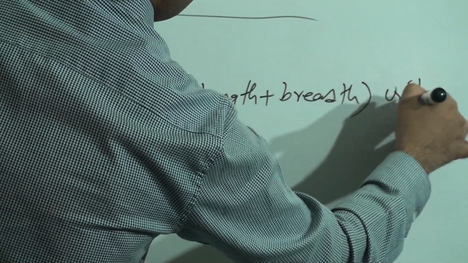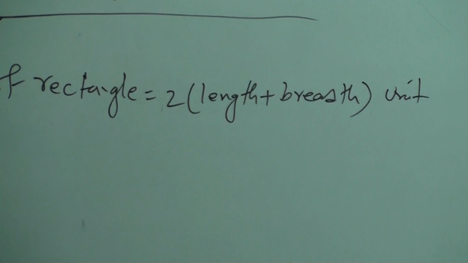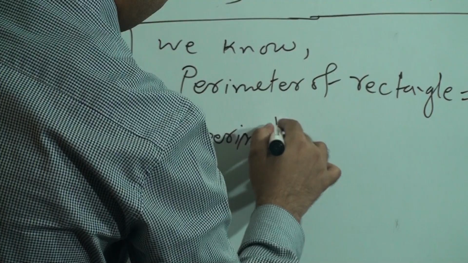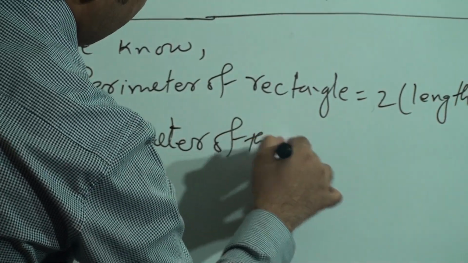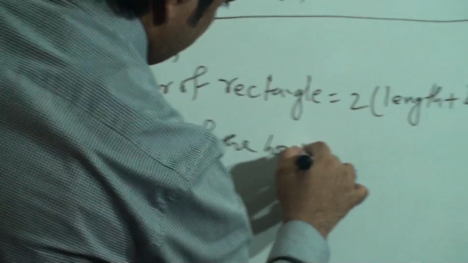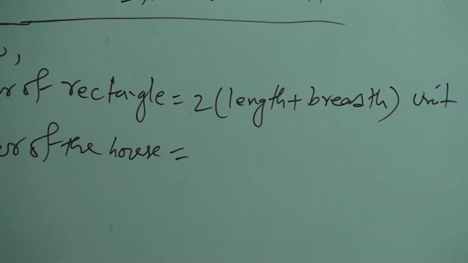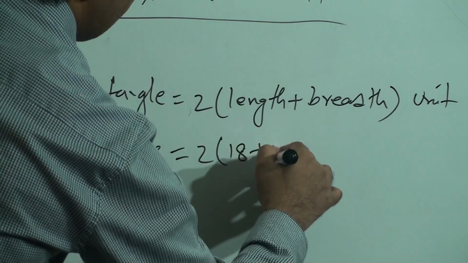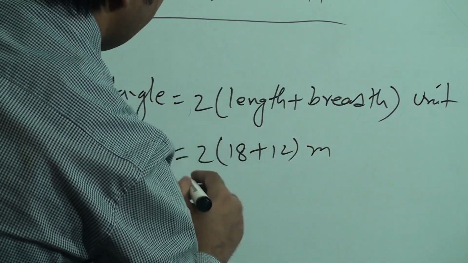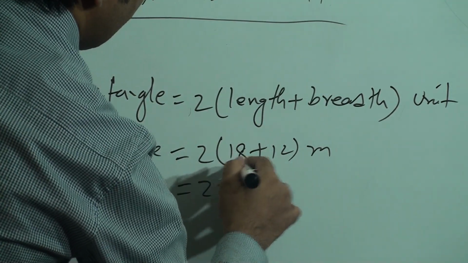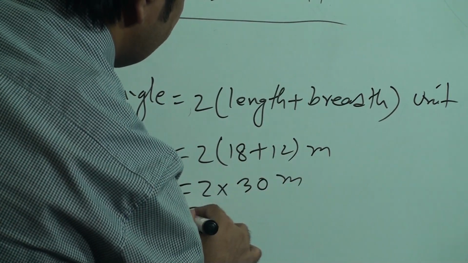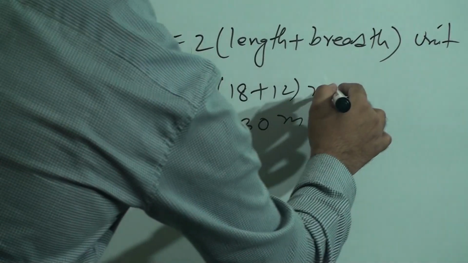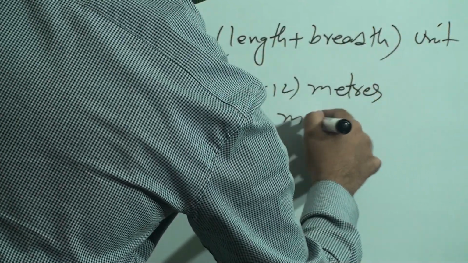This is unit. So we can write, therefore the perimeter of the house will be equal to 2 into, here length is 18 and breadth is 12 meter, unit is meter, so this will be 2 into 18 and 12 is 30 meter, so this is 60 meter.